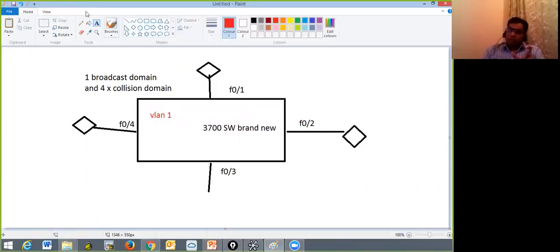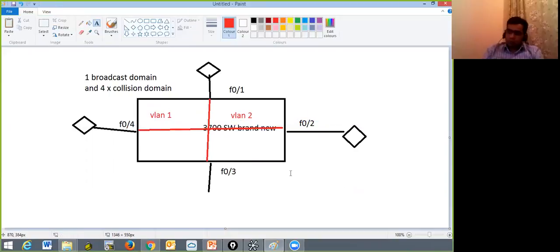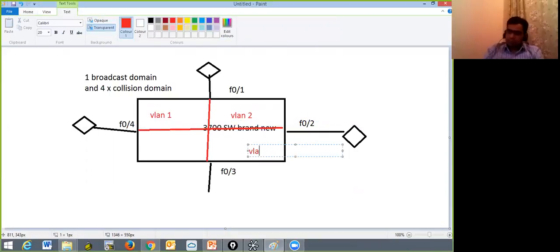Now, what we do later on is we chop the switch into 4 different broadcast domains, which means we now have VLAN 1, maybe 2, 3.